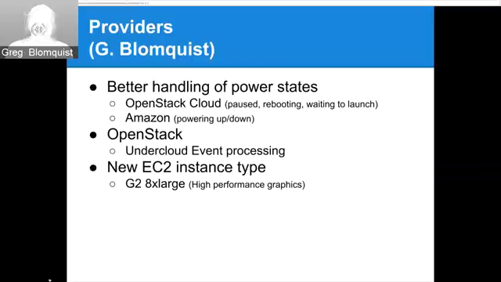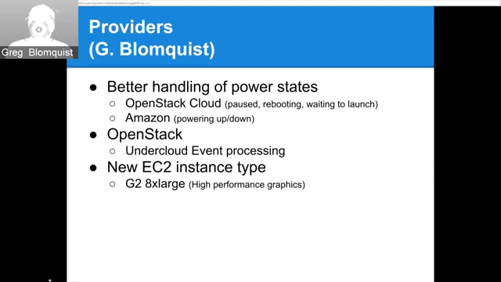And with Amazon, we can show when it's powering down or powering up. Now, obviously, this is still tied into how we capture events. So it still falls into that window of when the event comes in and whether we can actually get the event in time to show that an instance is rebooting or powering up.